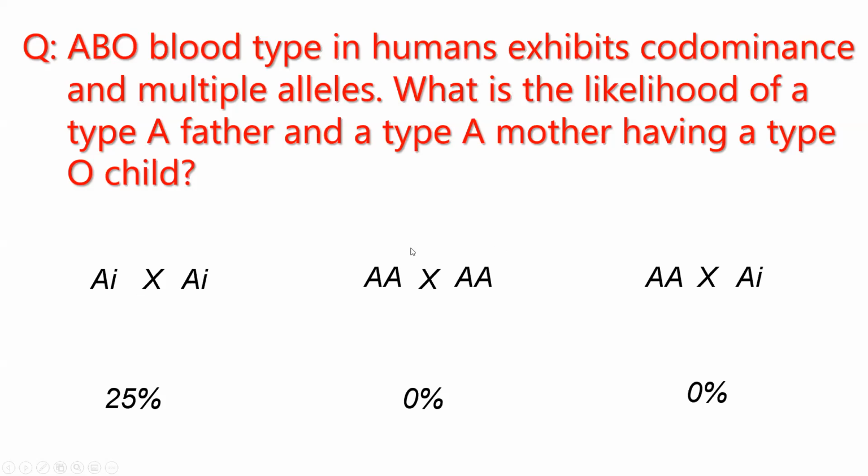What if both parents are homozygous? They don't have the small i allele for blood type O, so they will never have any kid with blood type O. So the possibility to have blood type O is 0.